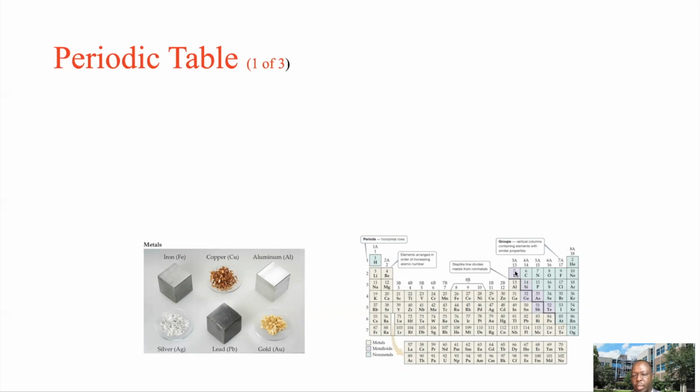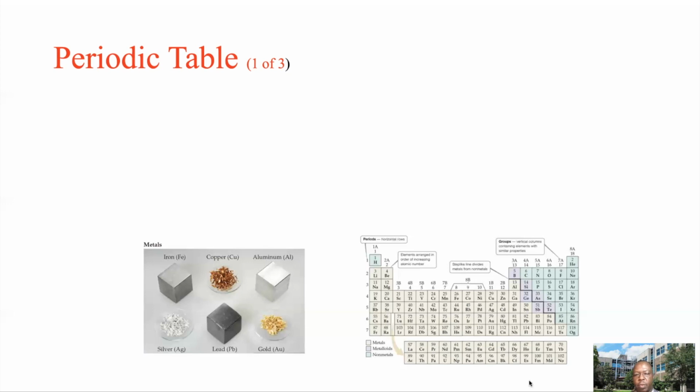Along the bold zigzag line are metalloids. So what I'll recommend is learn those elements which are metalloids or semi-metals, so that you know anything on the left side are metals except hydrogen, and on the right side are non-metals.